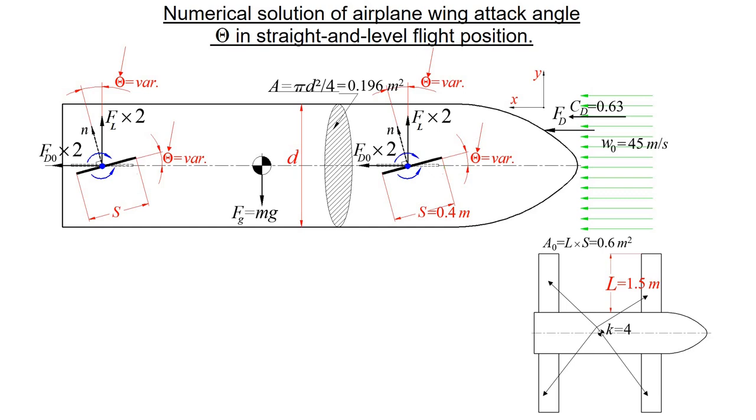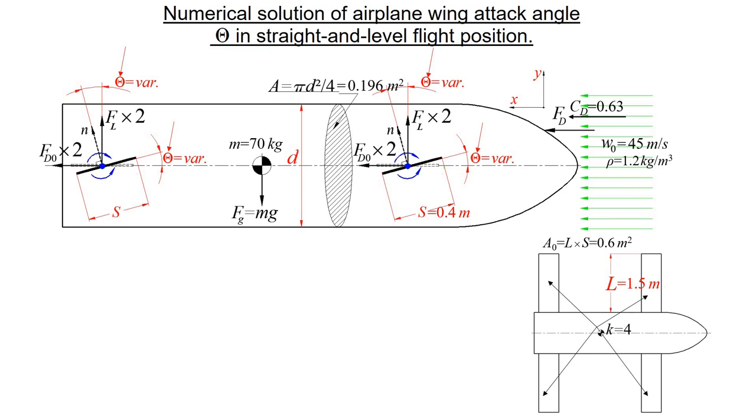Single wing surface area is equal to 0.6 square meters. Wind stream air density in the wind tunnel is rho equals 1.2 kilograms per cubic meter. The aircraft model mass is 70 kilograms.